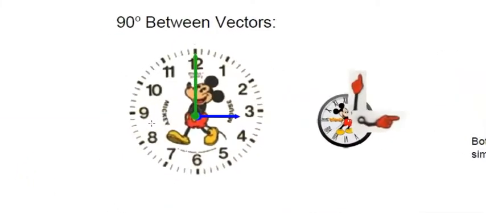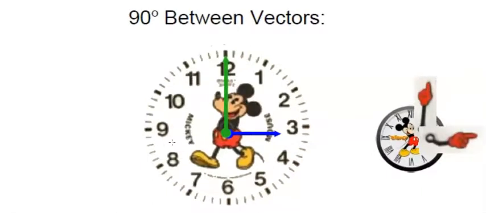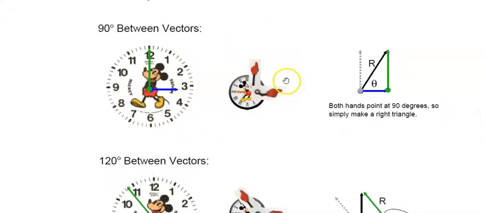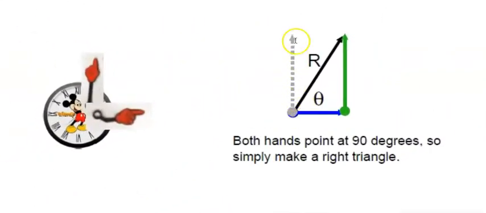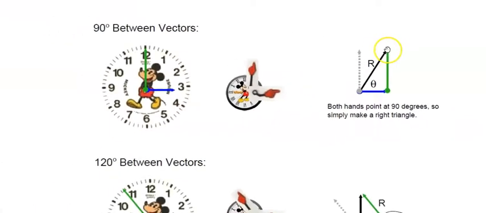Here we are at 90 degrees between the vectors, and we can see that Mickey Mouse's hands are pointing to the side and up. In this fashion, I take the upward pointing vector and I translate it over so that I connect the blue and the green in the head to tail fashion. And then to connect the resultant, I start from the tail of the first and I connect to the head of the last.